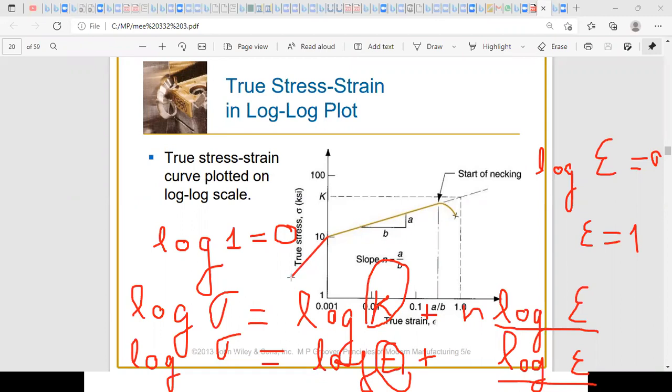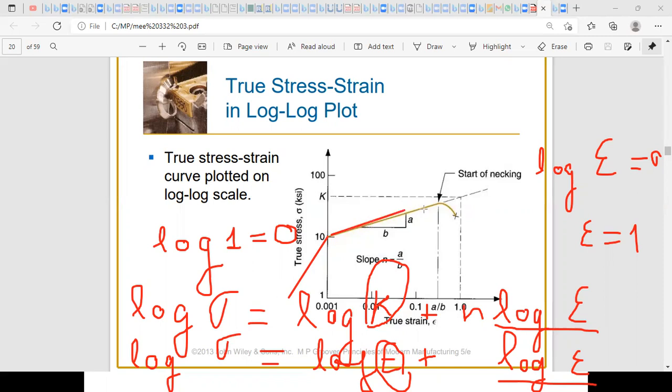So let's say this will be your graph. Okay, you have an elastic region and a plastic region, and you want from this graph to determine coefficients K and E.